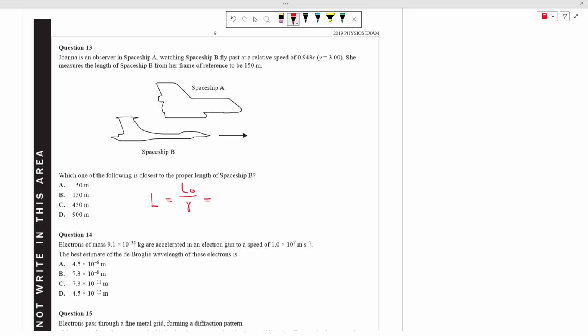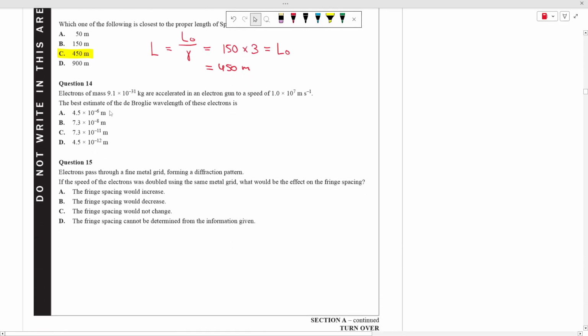So the 150 meters is the contracted length times gamma, which is 3, will give us the proper length. So that's 450 meters. So we're going to claim it is option C.